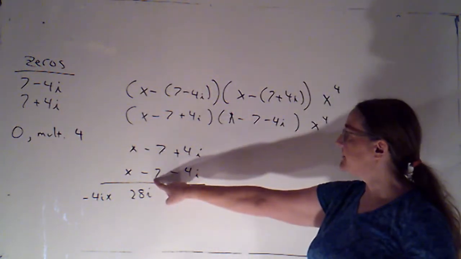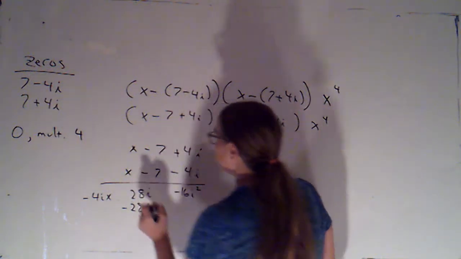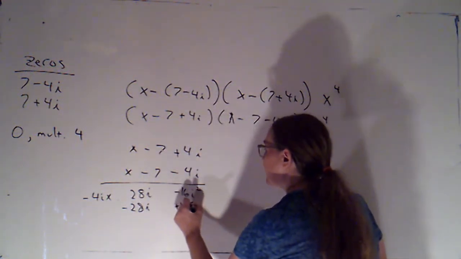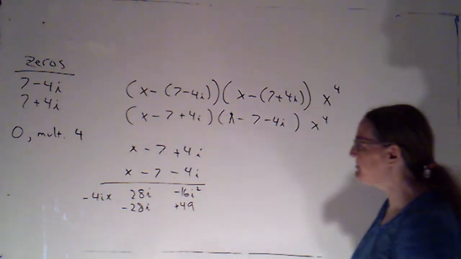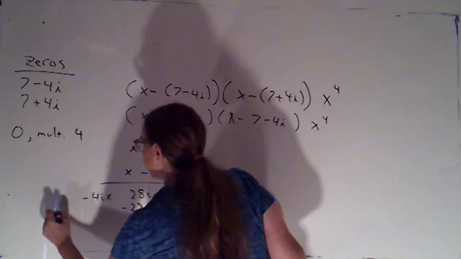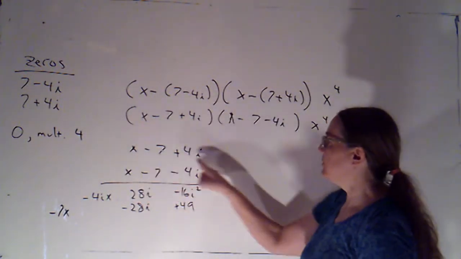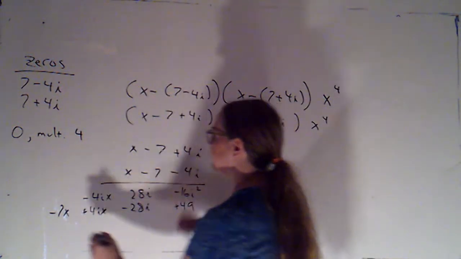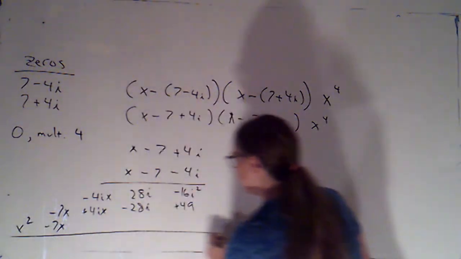Let's distribute the negative 7. It's going to give me negative 28i, positive 49, and I'm lining that up with the i squared because i squared is a real number, and negative 7x. Distributing the x, we'll get positive 4ix, minus 7x, and an x squared.